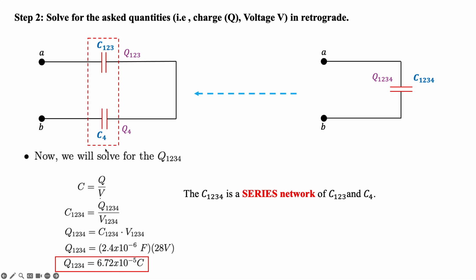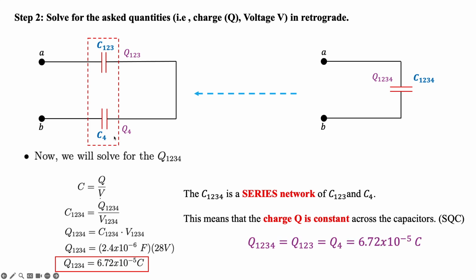This is very significant because once your capacitors are in a series connection, the charges must also be the same for each of these capacitors. So the charge Q1234 that I have solved will be the same charge for capacitor 123 and capacitor 4. So Q1234 will simply be equal to Q123 and Q4, with a magnitude of 6.72 times 10 to the negative 5 coulombs.